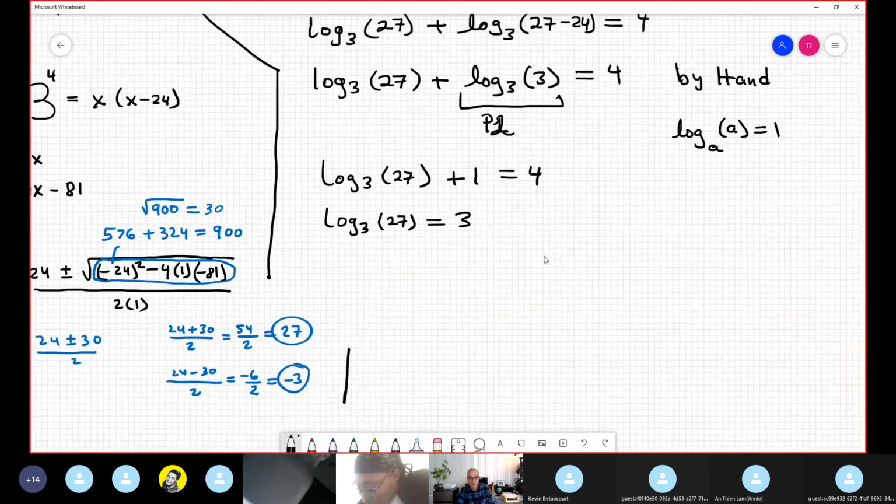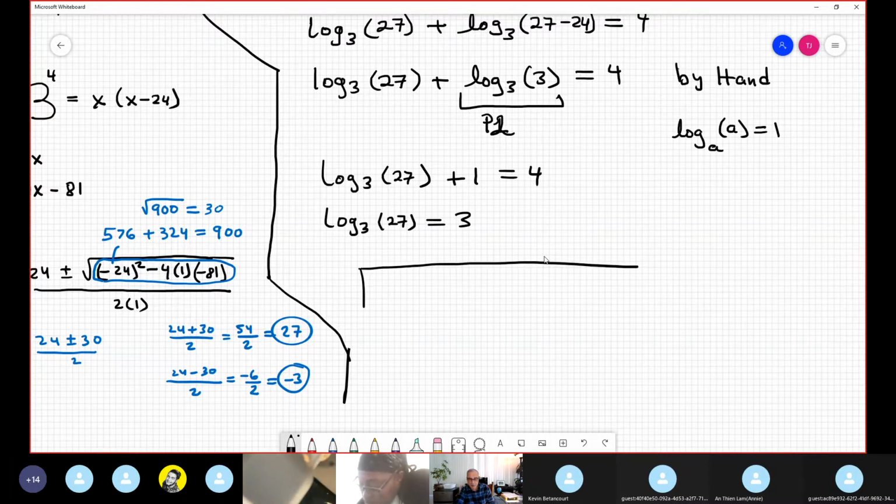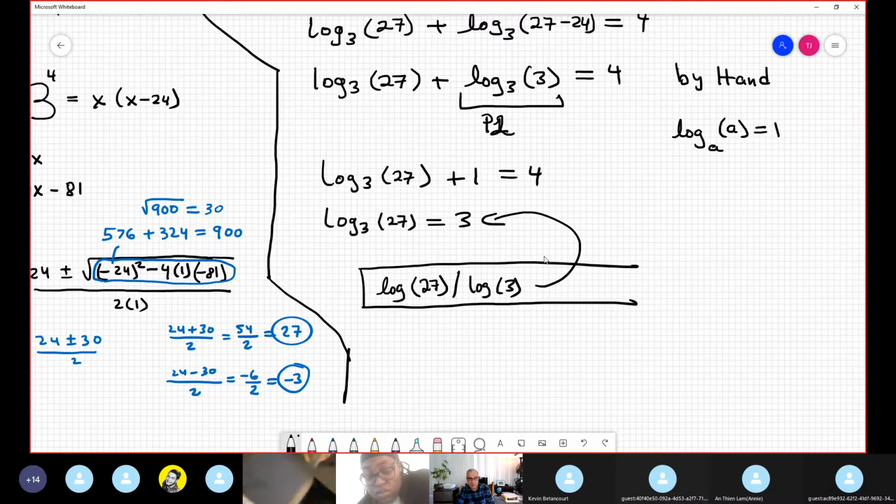And this statement is true or no? Okay, we continue, by hand or calculator. If you feel like it, you can use a calculator, for example, with the change of base: logarithm standard of 27 divided by logarithm of 3. And the answer should be 3. Check it out, please.